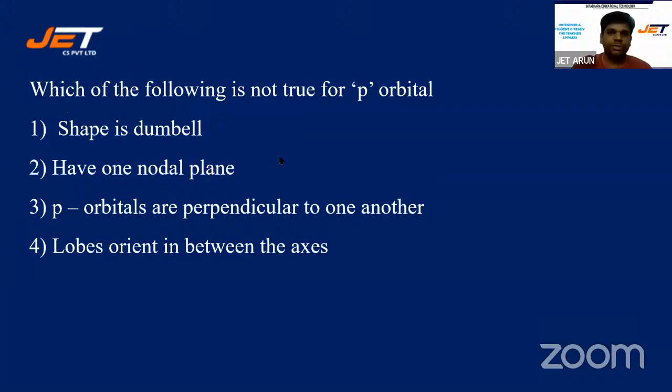Which of the following is not true for p orbital? Shape is dumbbell, have one nodal plane, p orbitals are perpendicular to one another, lobes orient in between the axes. Lobes orient in between the axes.